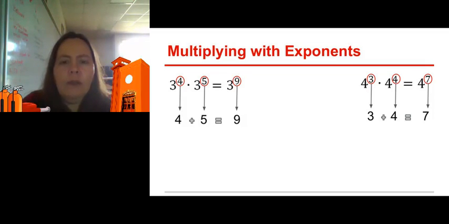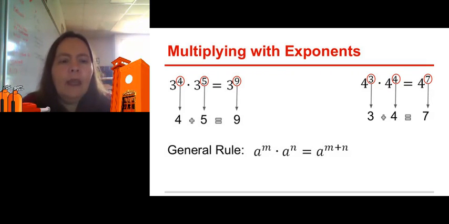As you saw, we were talking about the red numbers and the black numbers and how many times they were multiplied. Well, when we are counting that repeated multiplication, we're really adding those exponents together. So that leads us to a general rule for exponents, and this is a rule that you need to have: a to the m times a to the n equals a to the m plus n.